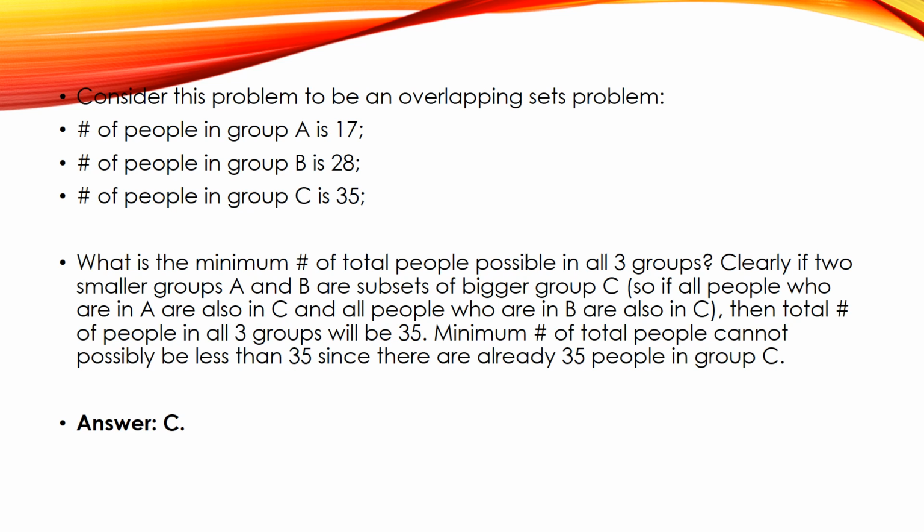Minimum number of total people cannot possibly be less than 35 since there are already 35 people in group C. Notice that the maximum range for the original question is not limited when the maximum number of people in all 3 groups for the revised question is 17 plus 28 plus 35, in case there is zero overlap between the three groups.